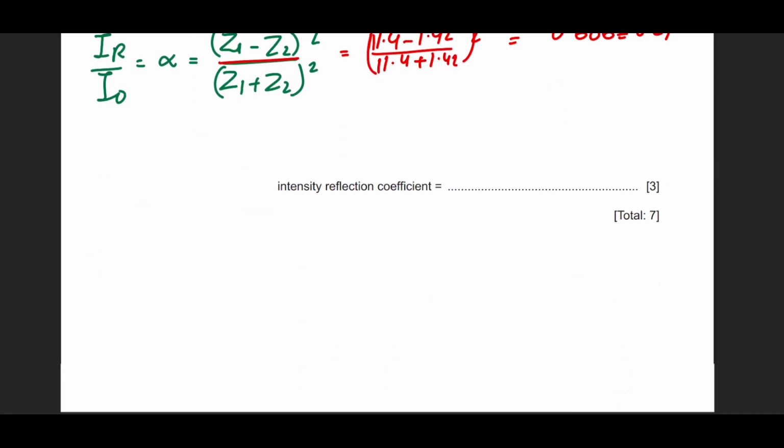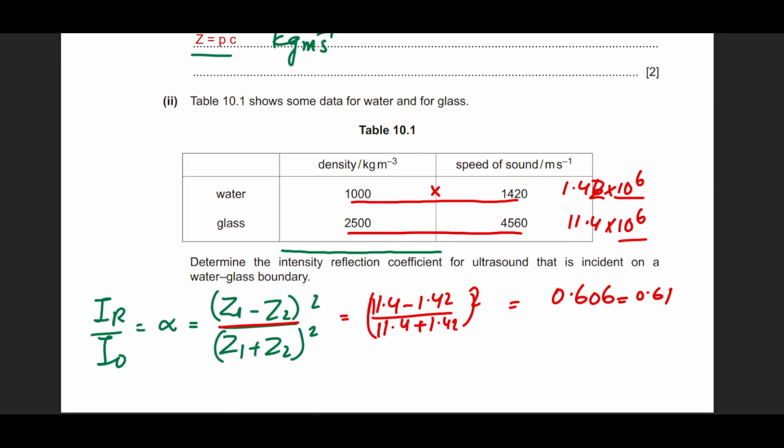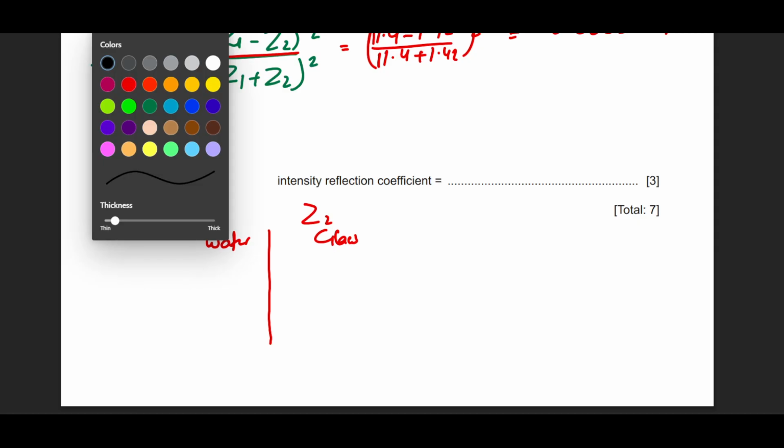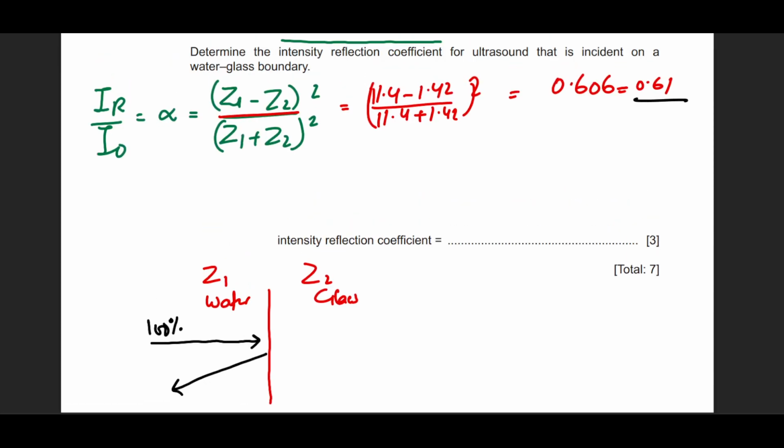What does this mean? It means that if I had a boundary over here and there was a tissue over here, there was a tissue over there, and in terms of, let's say, water and glass, so this is water and this is glass. So what has happened? We've introduced 100% the intensity of ultrasound. It bounced back on this boundary with a percentage of 61%.